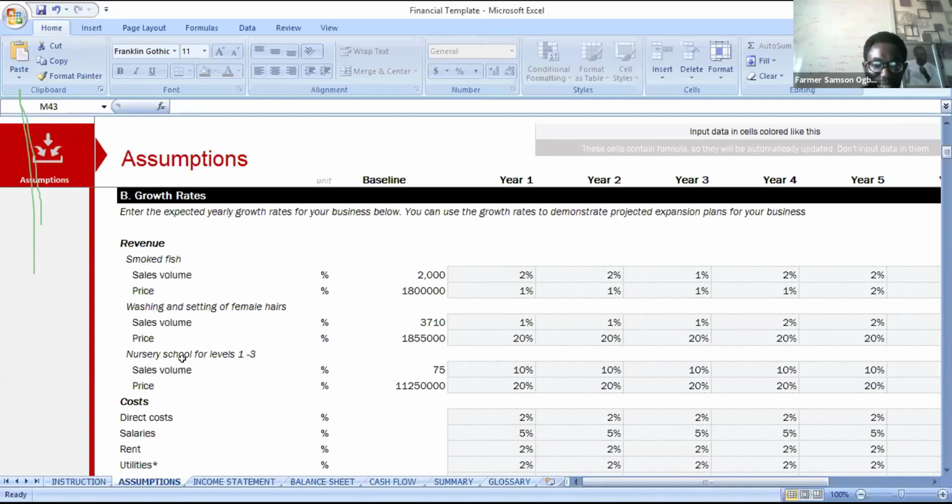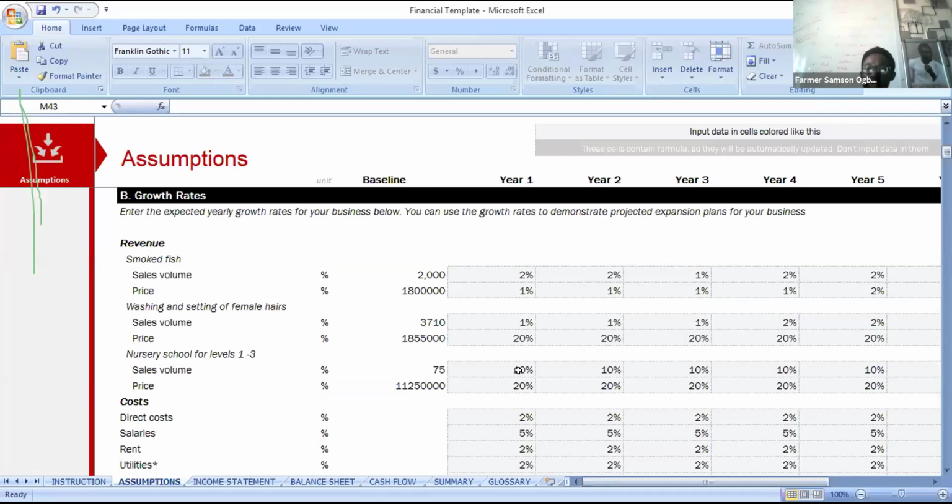Finally, from the examples we are using, your nursery school for levels 1, 2, 3. For your nursery school, for example, what is the capacity of your school already? Because you cannot just simply tell us that in a class of 25, by next year, you are going to have a 20% increase. It won't work because you are limited already by the space that is available.